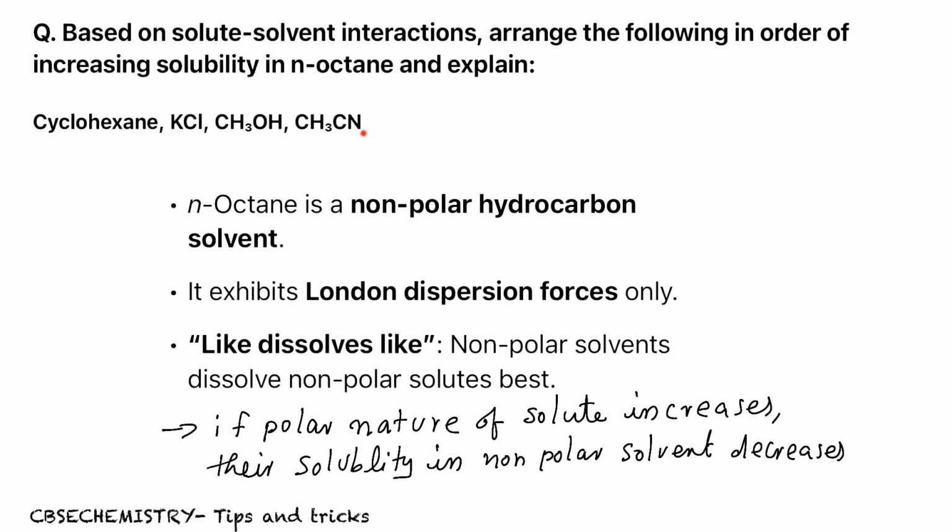If they are completely non-polar, according to this rule, they will be highly soluble in octane. And if they are polar, then you have to check how much polarity they have. The more the polarity, the lesser the solubility. That is a key point.